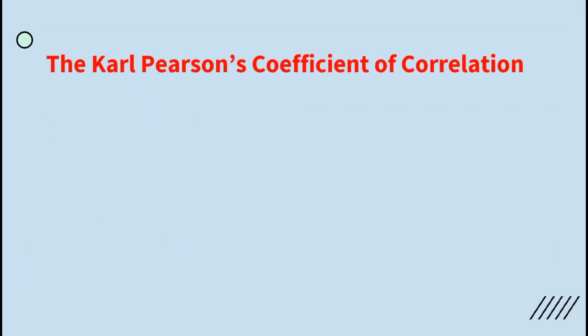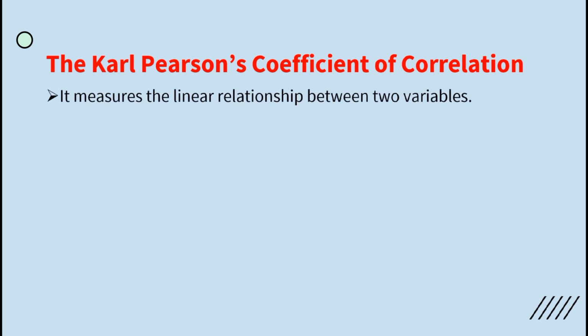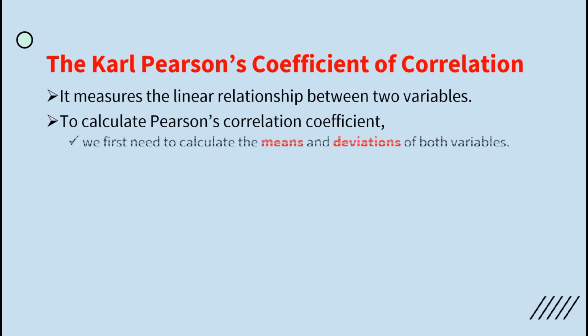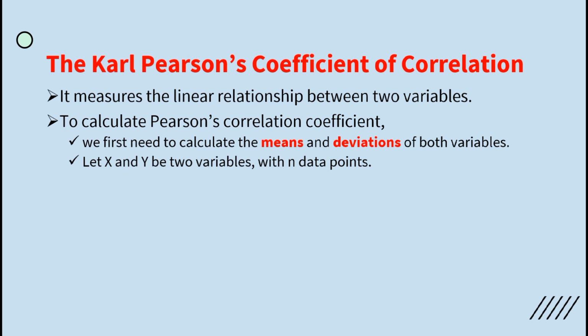The Karl Pearson coefficient correlation measures the relationship between two variables. To calculate Pearson's correlation coefficient, we first need to calculate the means and deviations of both variables. Let x and y be the variables with n data points.